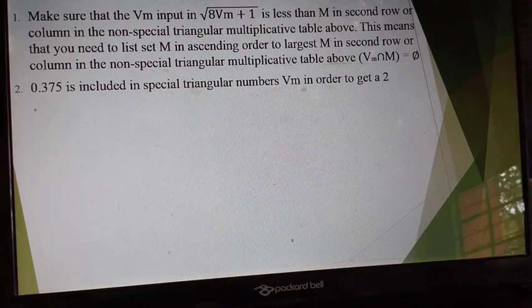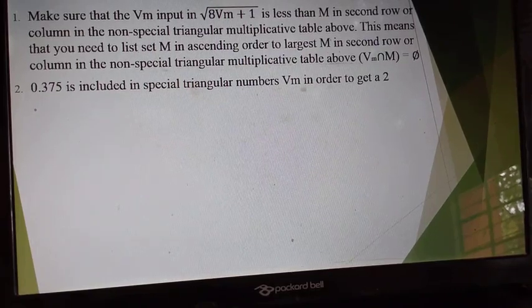So in order for us to include 2 among the prime numbers, deliberately we need to include 3 over 8, which is 0.375. Otherwise, this is the only limit to my formula, because among the special triangular numbers, we have no number that can be substituted into Vm to give us a 2.